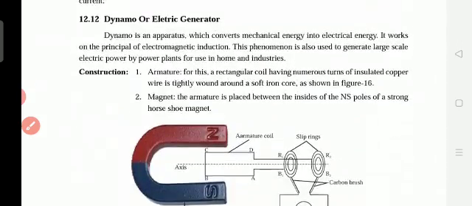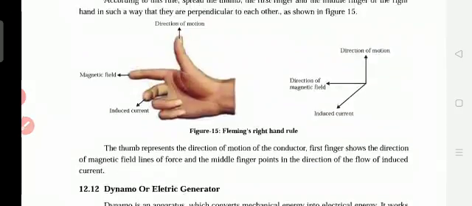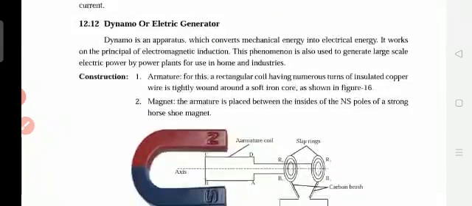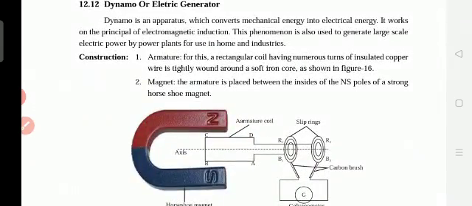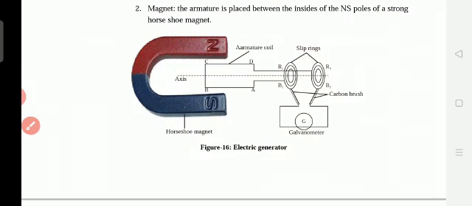Now this Fleming's right hand rule we can see in AC generators. It generates electromagnetic induction. Here you see no batteries or anything.